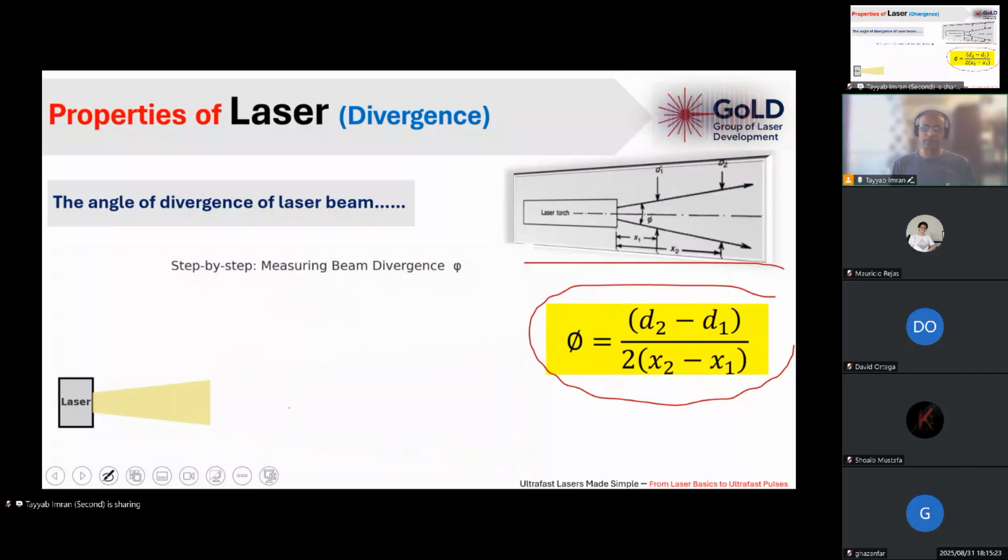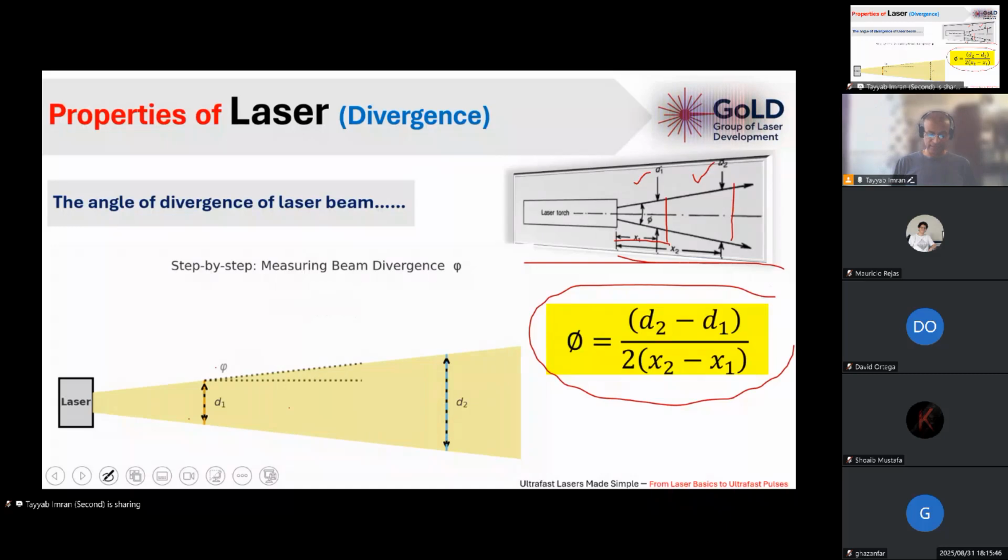We measure the diameter of the beam at two places, and the distance from the source.